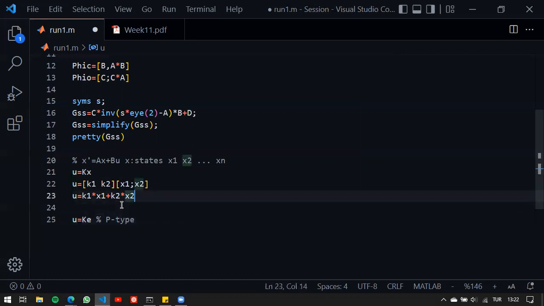That's the P-type controller that we are used to. But in this case, it's a bit different because we have a matrix structure. We have internal signals here called the states. And I can use each state individually, combine them, and apply it to the system.